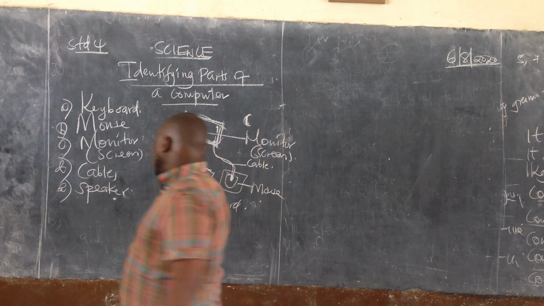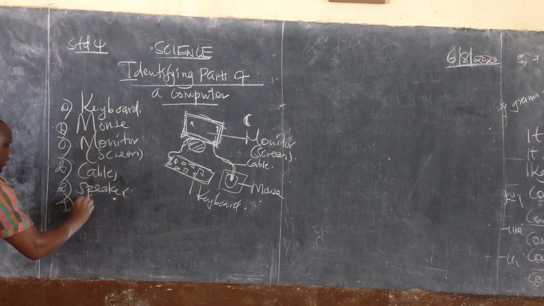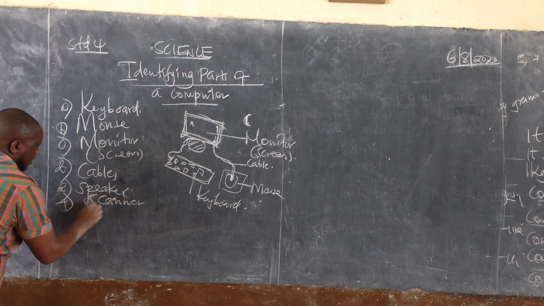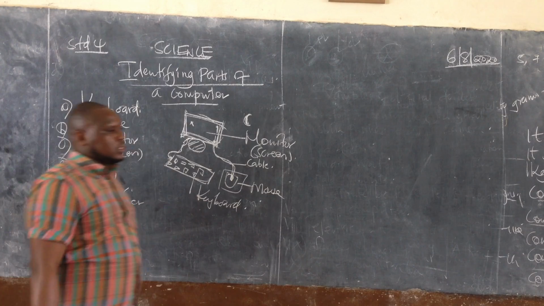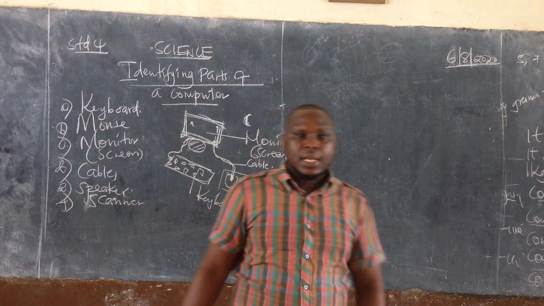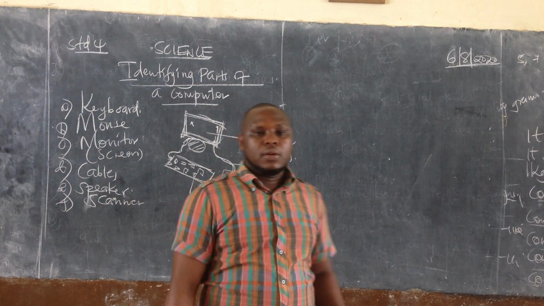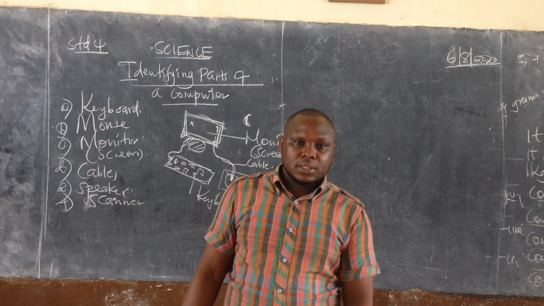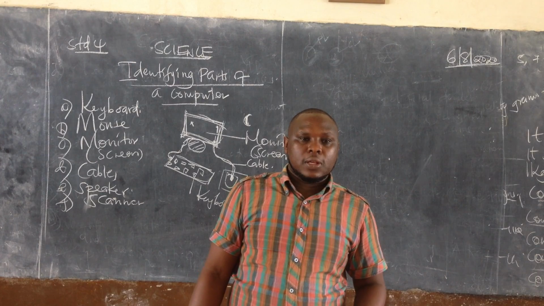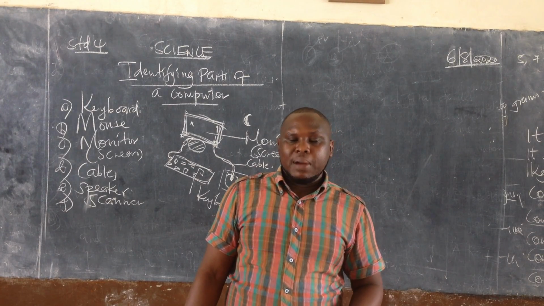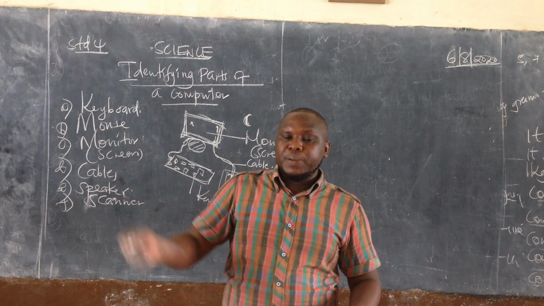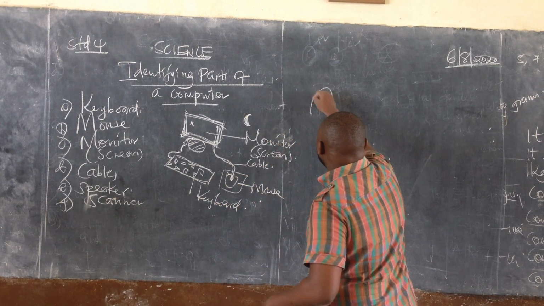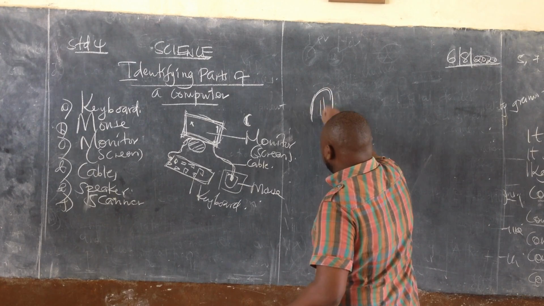Then we have also the scanner. Many times you have gone to the supermarket, and once you get something from the shelves, you pass through the cashier where you pay the money. He or she picks your item and passes it through something that looks like this, and there's some light here.